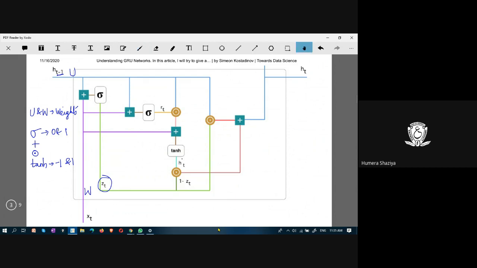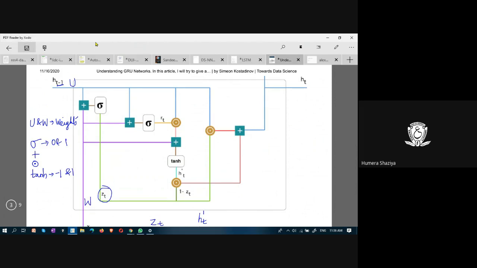If you remember this, and the equations for ZT, how is ZT computed, how is RT computed, how is HT dash computed, and how is HT computed, it's sufficient to write about GRU and understand about GRU, gated recurrent unit.